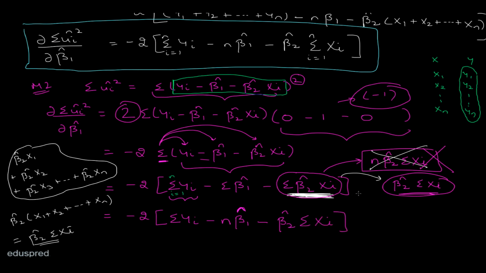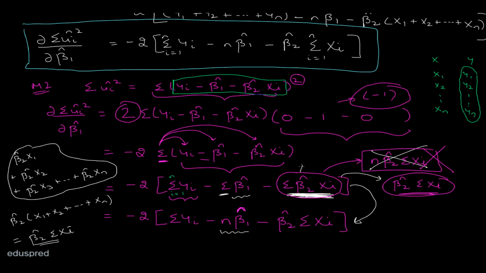So what have we learned in going from this expression to this expression? If you apply summation on a standalone constant, and beta 1 hat is a standalone constant, by which I mean it is not multiplied by any variable, you can write it as n multiplied by that constant.